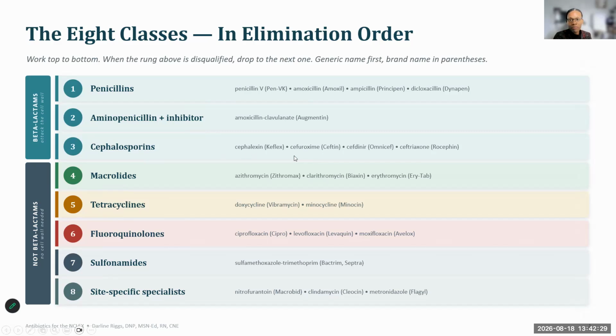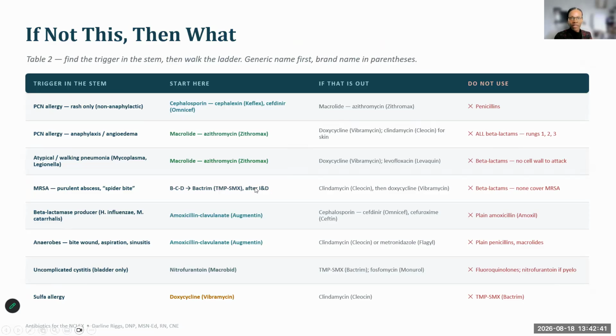Let's say that community is resistant, it has resistance to it, then you would go to your macrolides. That's the next one, okay? So that's kind of what I'm teaching you, so that way you'll know how to get to the correct answer, okay? So we wouldn't use the penicillins in that case if they have a penicillin allergy, okay?